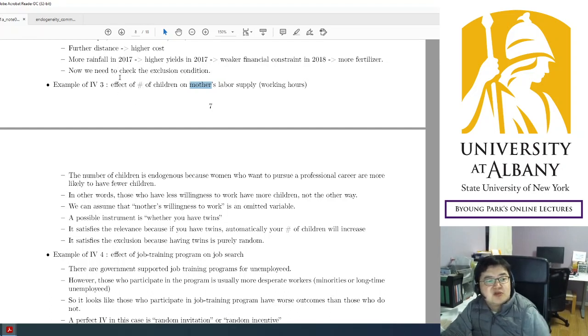So because of that correlation, the number of children is endogenous, correlated with the error term, right?